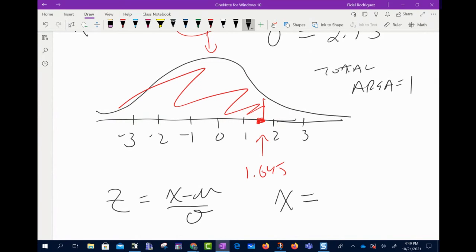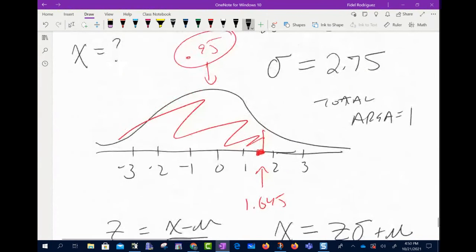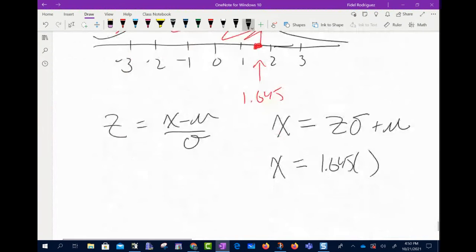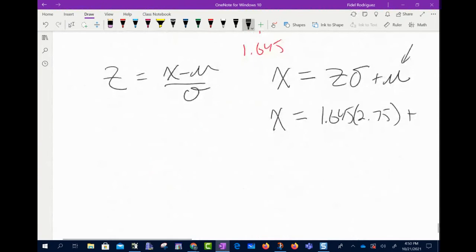So there's a way that we write the x value: we take z times sigma and we add mu to this. So x is going to be equal to z, which was 1.645, times our sigma, which in this problem was 2.75, plus our value of mu, and our mu value was 66.3.